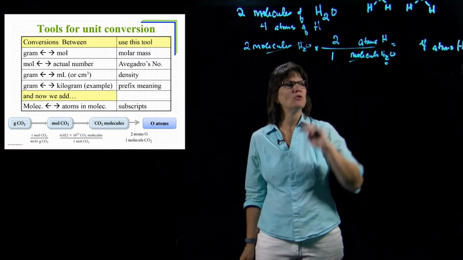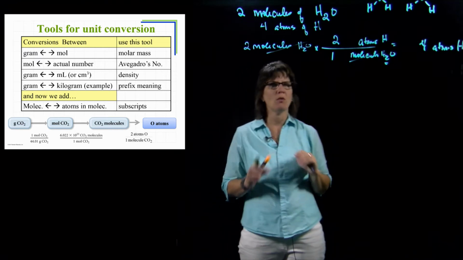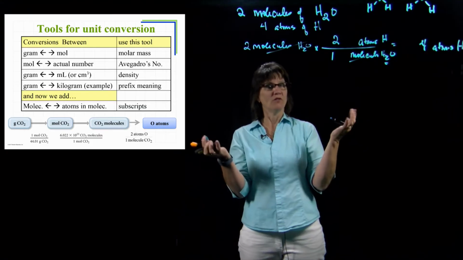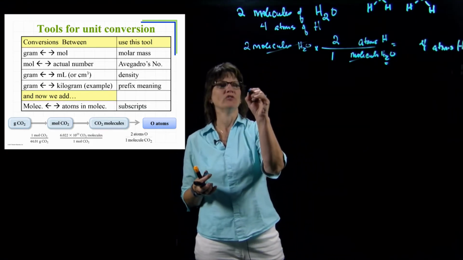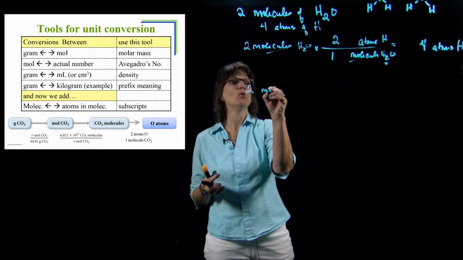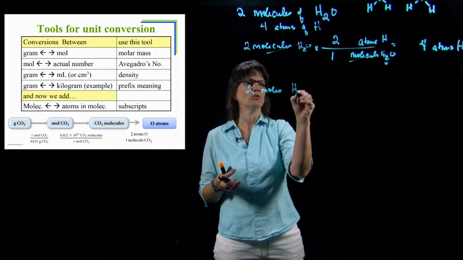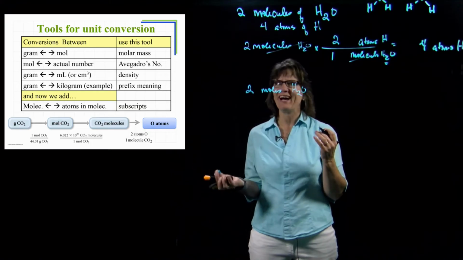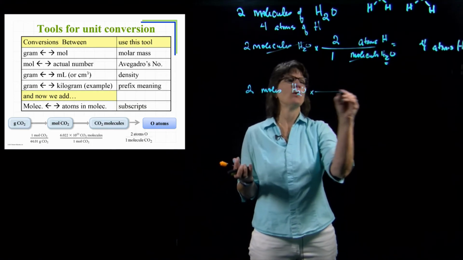Now you don't have to do this tool in the world of individual molecules. You can use this tool in the world of a bunch of them and get in the world of moles instead. We could have 2 moles of water molecules. And we could ask the question, well, how many moles of hydrogen atoms would be in there? So we would do the same thing.